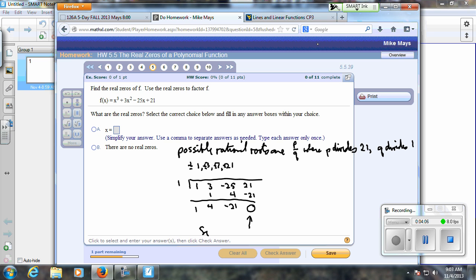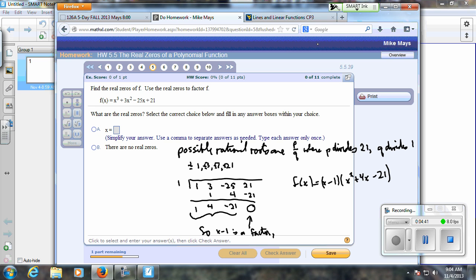That says that x minus 1 is a factor, and my original polynomial, f of x, is equal to x minus 1 times, and now the coefficients that show up for the rest of the synthetic division are coefficients for the quotient. That's x squared plus 4x minus 21.